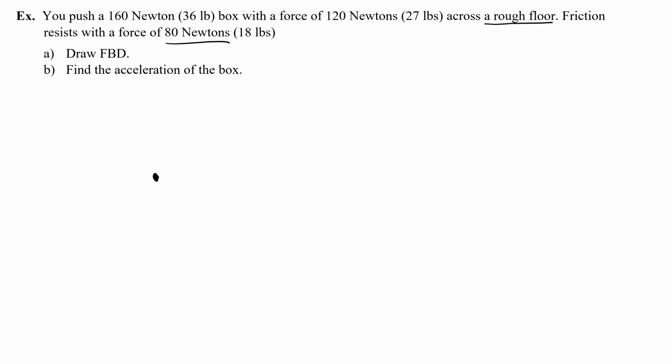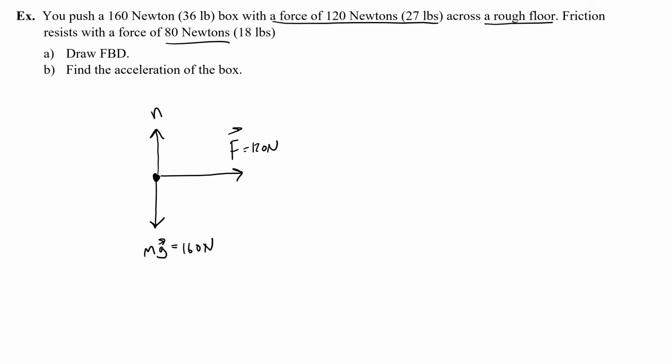Okay, so let's start with the weight and the normal force. The weight of the box is this 160 newtons. The force that you push is 120 newtons, so that's going to go to the right. Now, the box is being supported by a floor, so we would say there is a normal force.